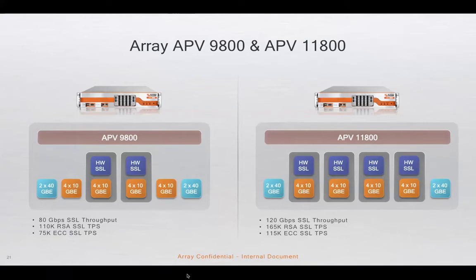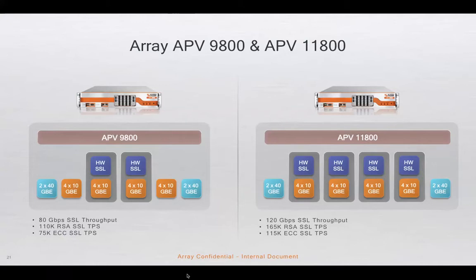I'm giving you a little bit of an under-the-hood look here at 2 of our high-end ADCs, and what we bring to the table in terms of the hardware accelerated crypto capability on board our products. You can look here at the APV 9800, and you can see right away our ability to do 80 gig in SSL throughput, 110K SSL TPS for RSA ciphers, 75K TPS for ECC ciphers.